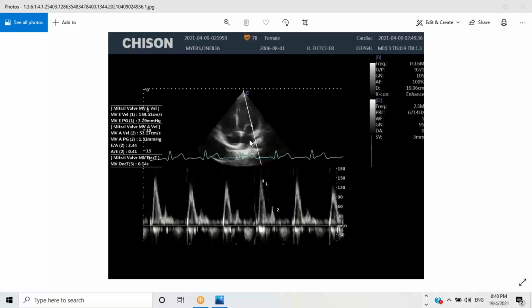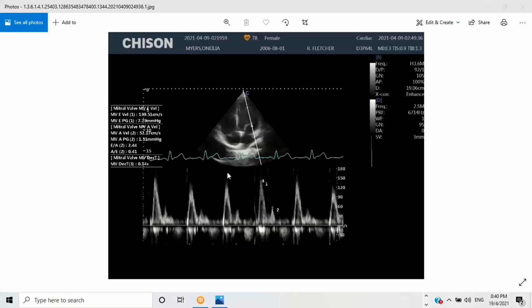from the left atrium across the mitral valve into the left ventricle. It's moving towards the transducer, and it's above the baseline. So this is our E velocity and our A velocity. Remember that the E velocity is because the mitral valve opens and blood is sort of sucked into the left ventricle from the left atrium. Then your A velocity is when the atrium contracts.